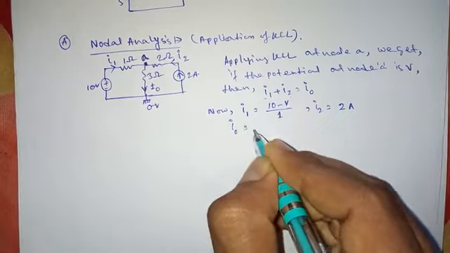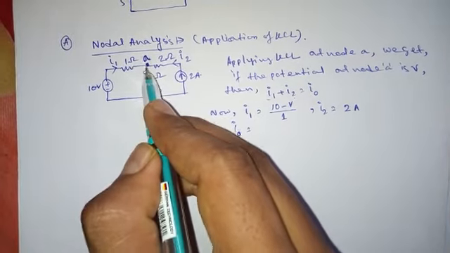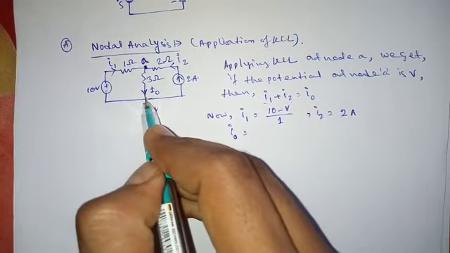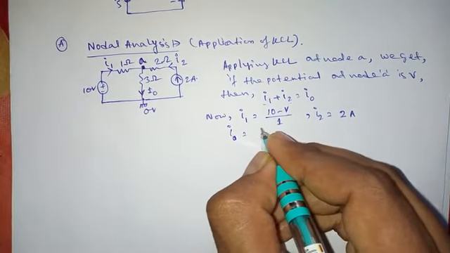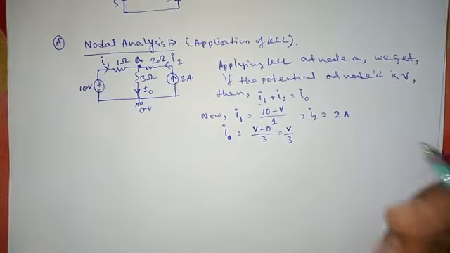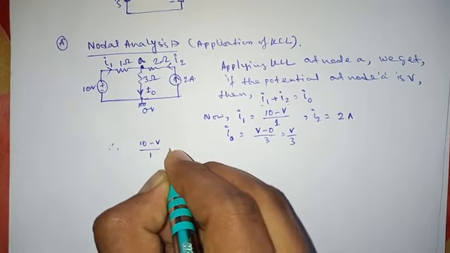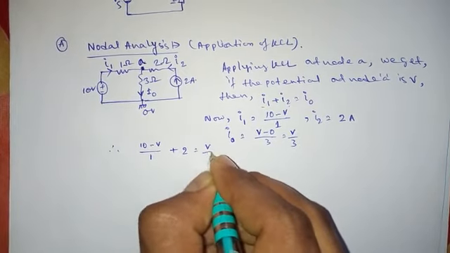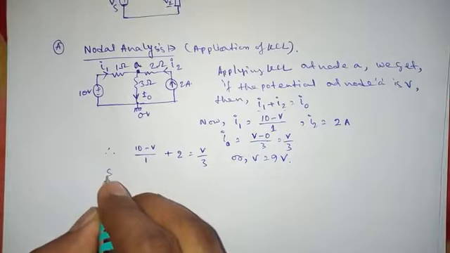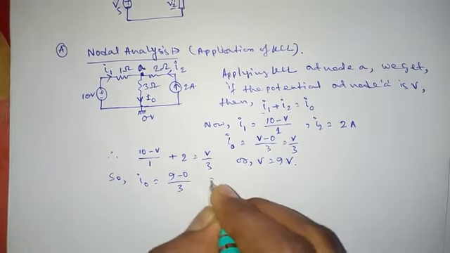I0 is flowing through the 3 ohm resistance, so the potential difference, the voltage at node A and the voltage at ground, divided by 3, that is V by 3 ampere. So the equation will be (10 minus V) by 1 plus 2 equals V by 3, or V equals 9 volt. So I0 equals (9 minus 0) by 3, so 3 ampere.